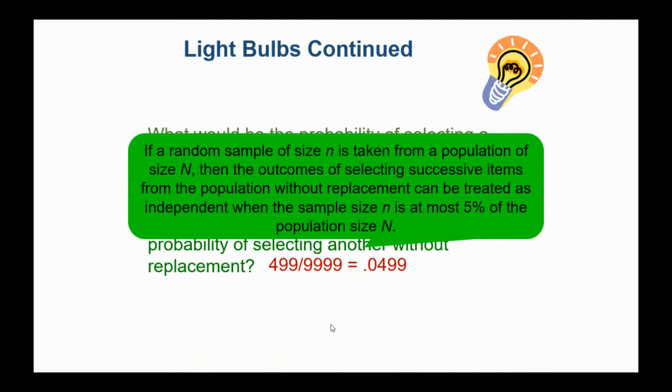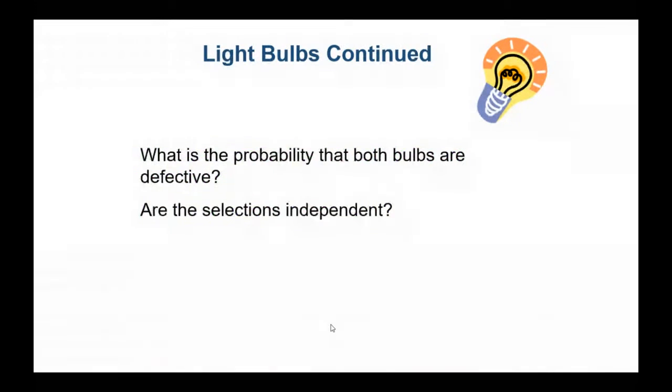So this just reminded us that if a random sample of size n is taken from a population of size capital N, then the odds of selecting successive items from the population without replacement can be deemed as independent if the sample size is at most 5% of the population. We already talked about that. This is just reminding us.